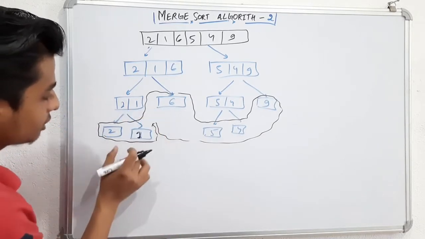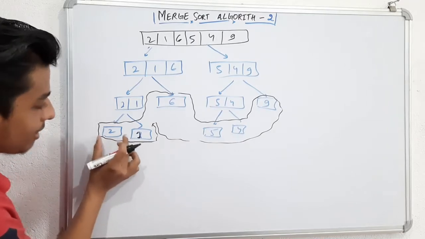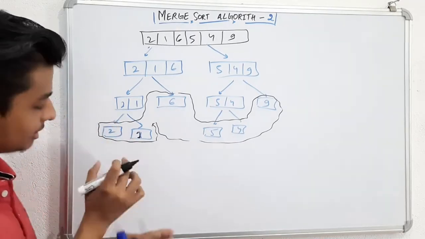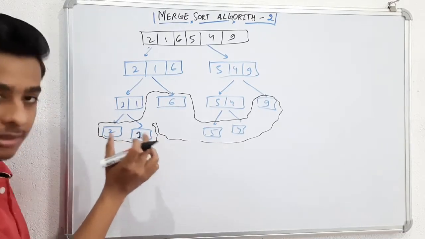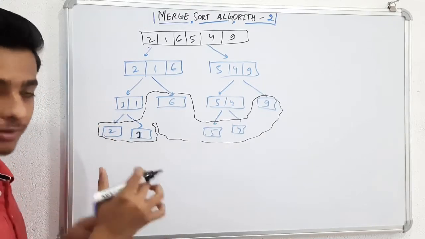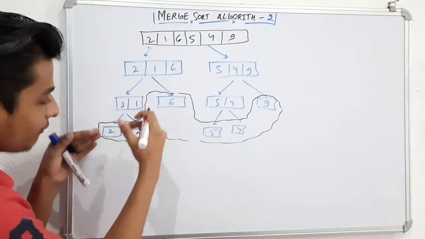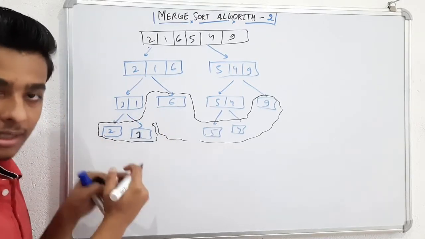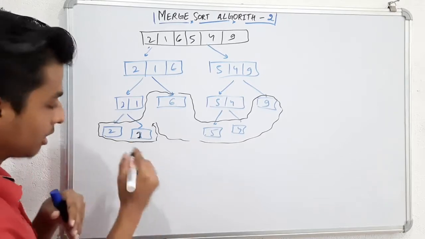So here, we are going to merge both 2 and 1. There are 2 subarrays here: one of size 1 and another of size 1. As a singleton array of size 1 is already sorted, these 2 subarrays are already sorted, hence we merge both of them so that we get an array which is also sorted.